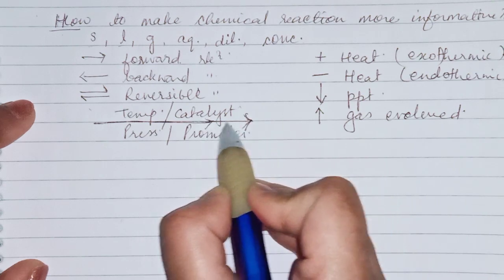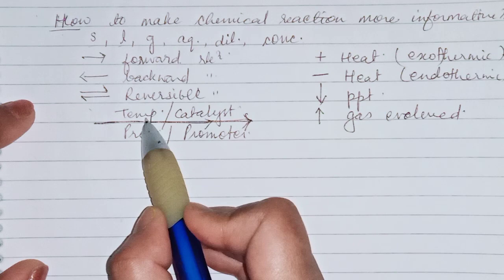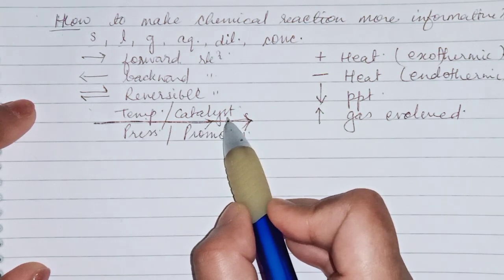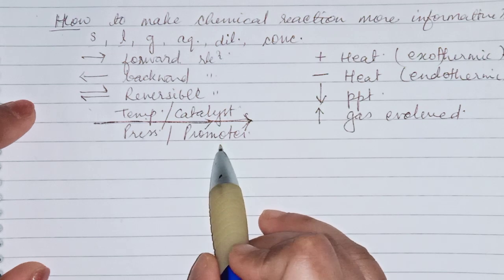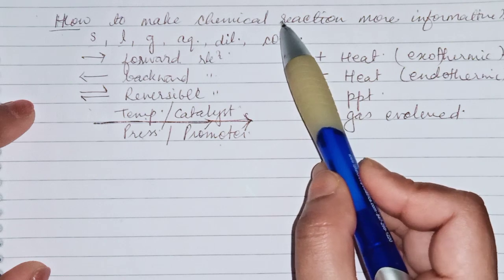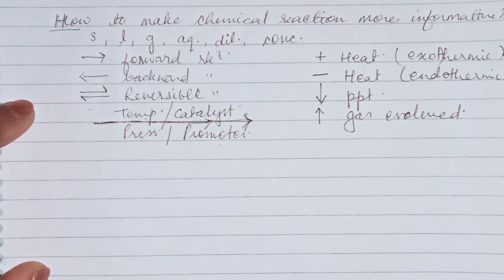So these also give you the information that at a particular temperature the reaction is taking place, at a particular pressure, what catalyst is used, what promoter is used. These are the information you can get from any chemical reaction if these symbols and letters are used. Okay.